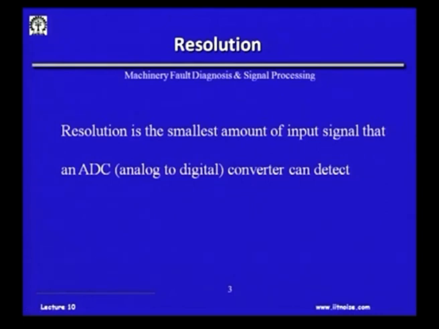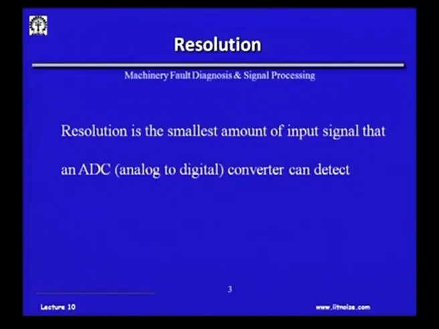For an input maximum voltage of 10 volts, a 3 bit computer can only detect 1.25 volts, and I am sure you can calculate for the other bit sizes as well. So, the higher the bit size, the lower will be the resolution, and I will be very accurately detecting a small amount of input signal.